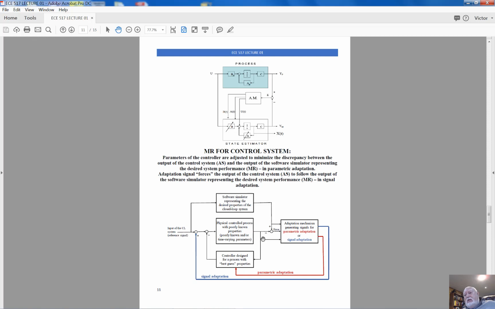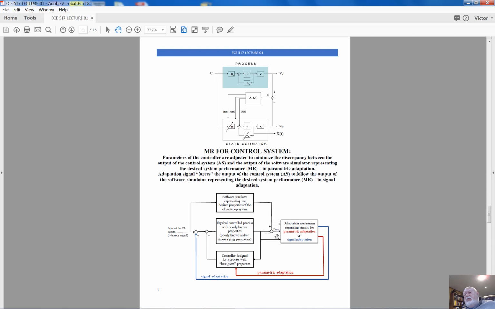What do we do next? We find the discrepancy between the state of the simulator and the state of the control system. We extract the error, and then we have an adaptation mechanism.